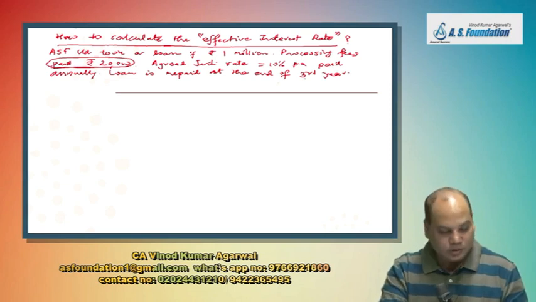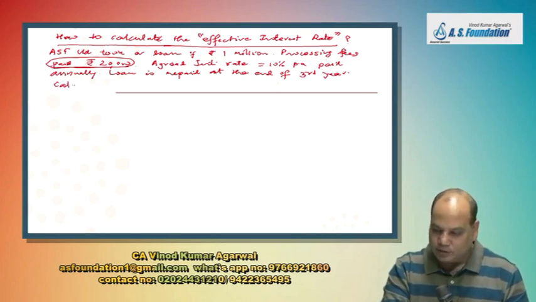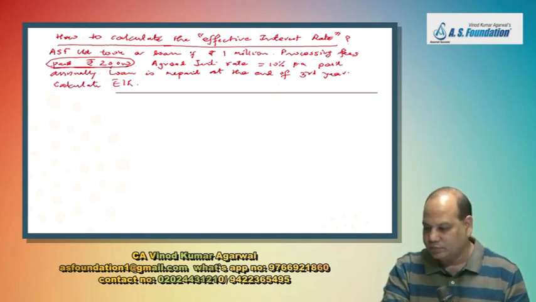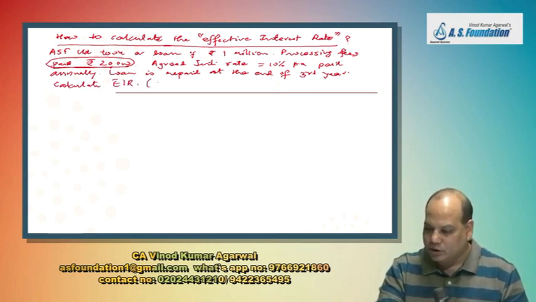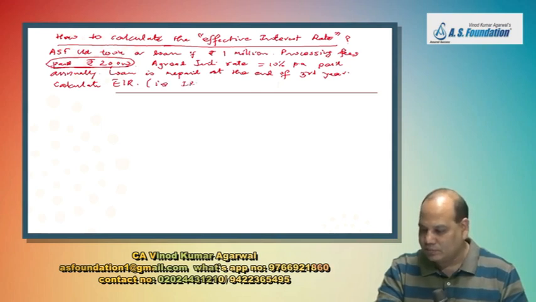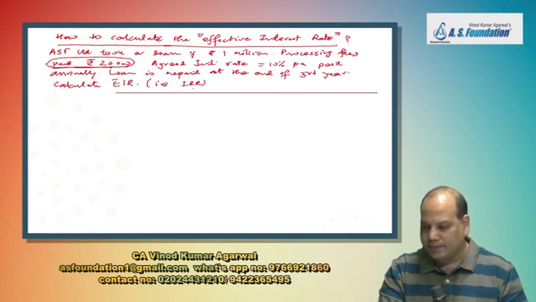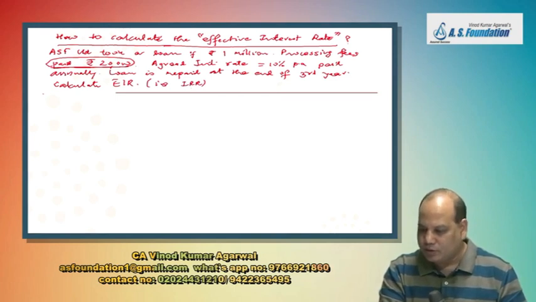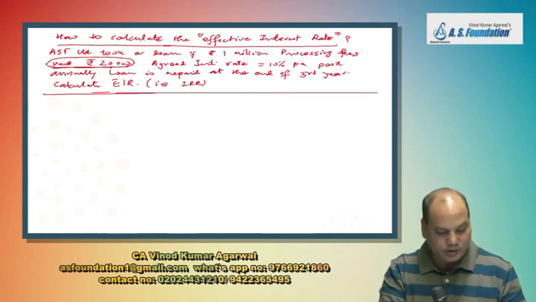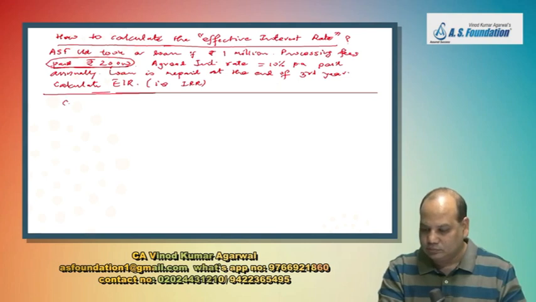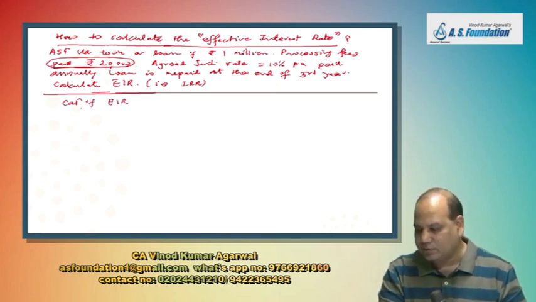Time is 3 years. Calculate the effective interest rate, EIR, in bracket that is IRR. So write down the heading: calculation of effective interest rate.